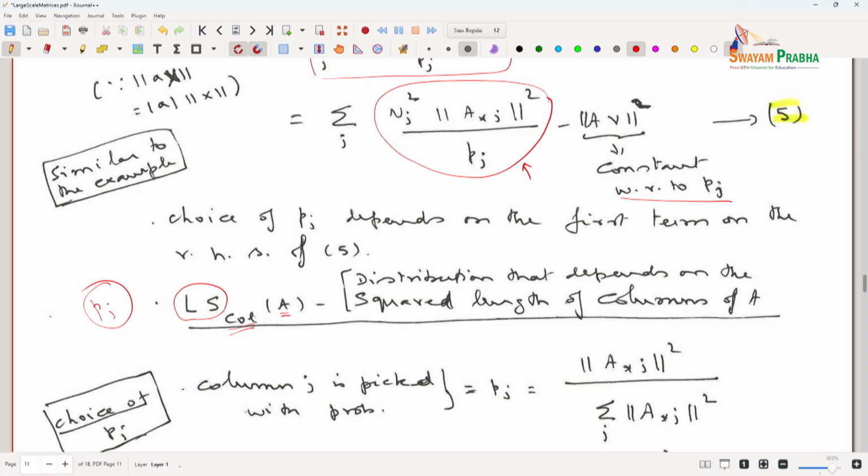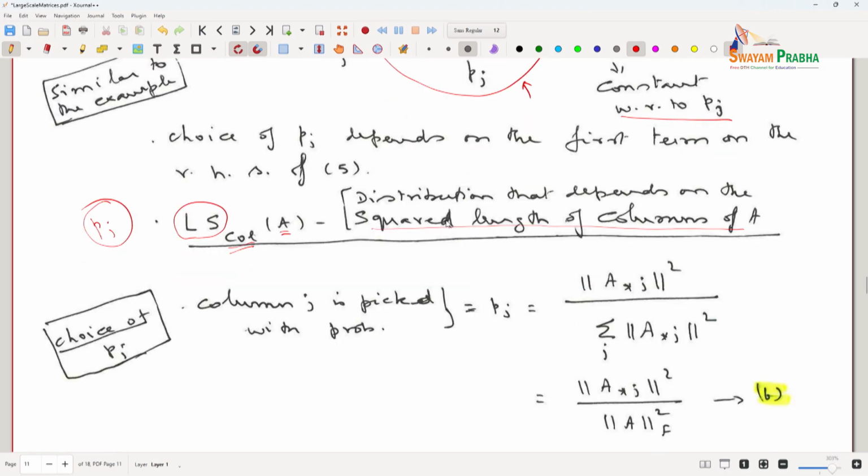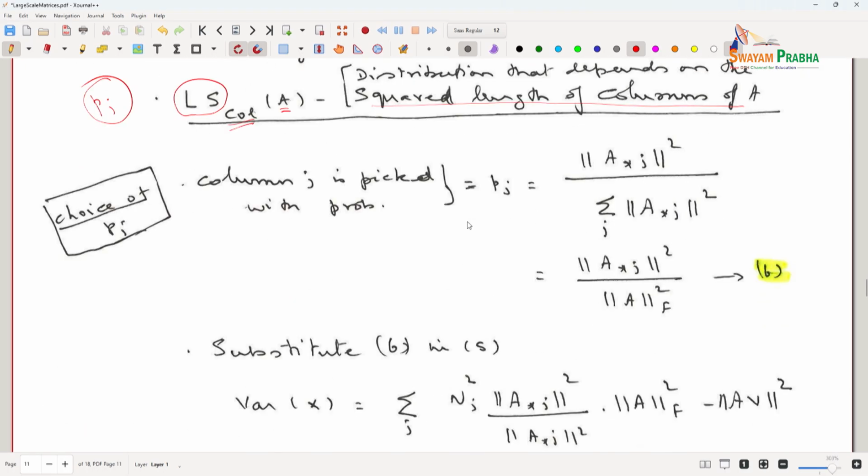Now, I am going to show the distribution Pj is the distribution that is going to be dependent on the squared length of the columns of A. So, this means I am going to pick the column j with the probability Pj, and the Pj is going to be the ratio of the square of the norm of the jth column to the sum of all the squares of the columns.